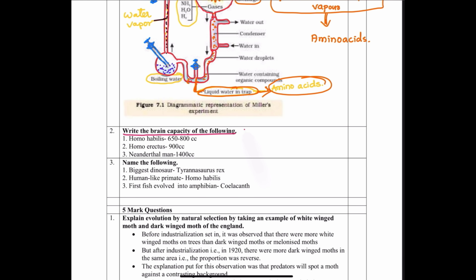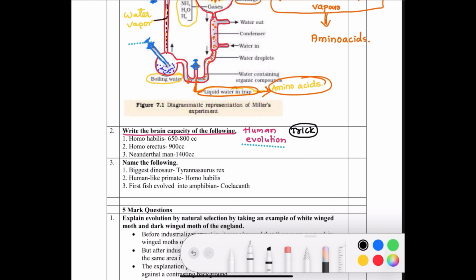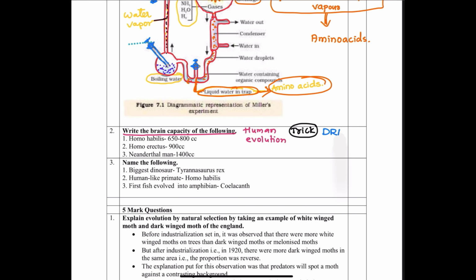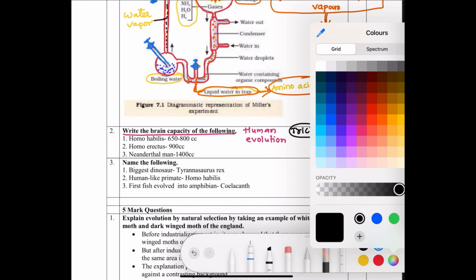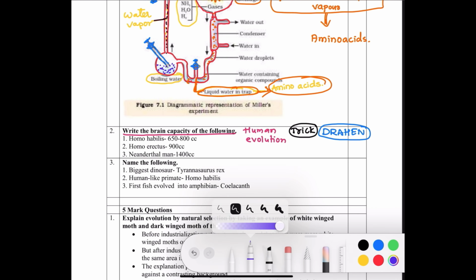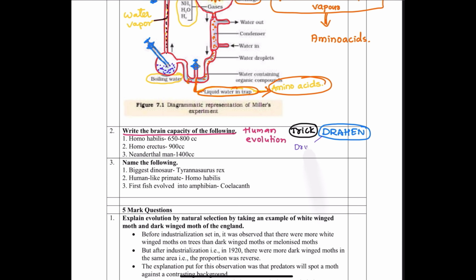The next question, write the brain capacity of the following. In order to understand, we should know human evolution. This human evolution can be remembered with this trick, that is DRAWHEN.